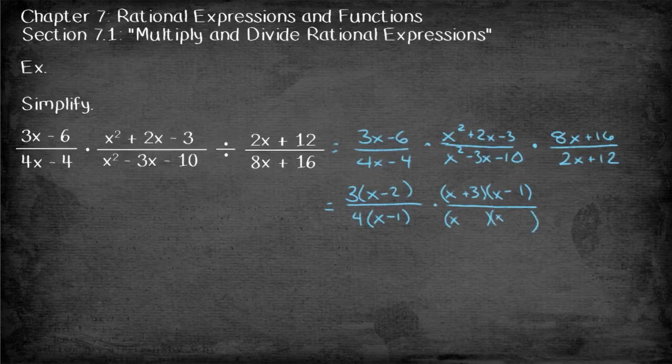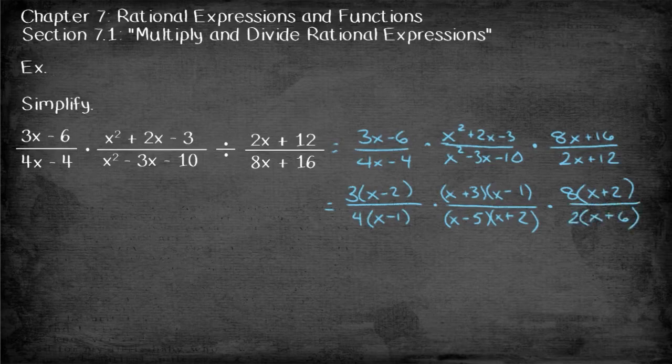Alright, now bottom, 2 things that multiply to give me 10, but their difference is 3. 5 and 2, that'll work. This time 5 is negative, and 2 is positive. And what else do we have? Oh, we have a GCF of 8 over here. And a GCF of 2.